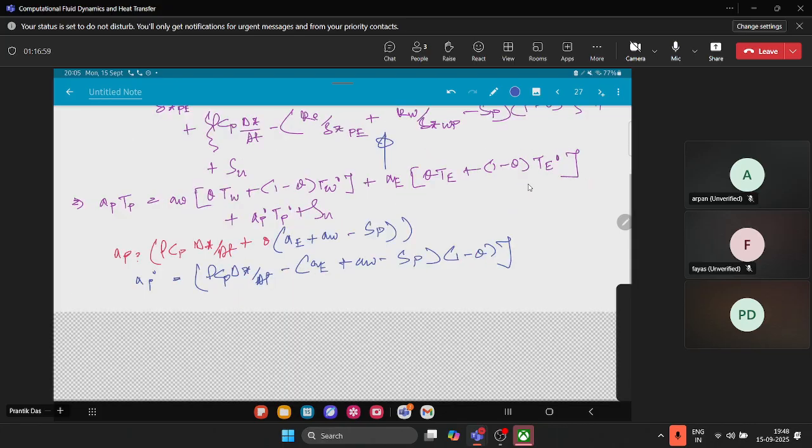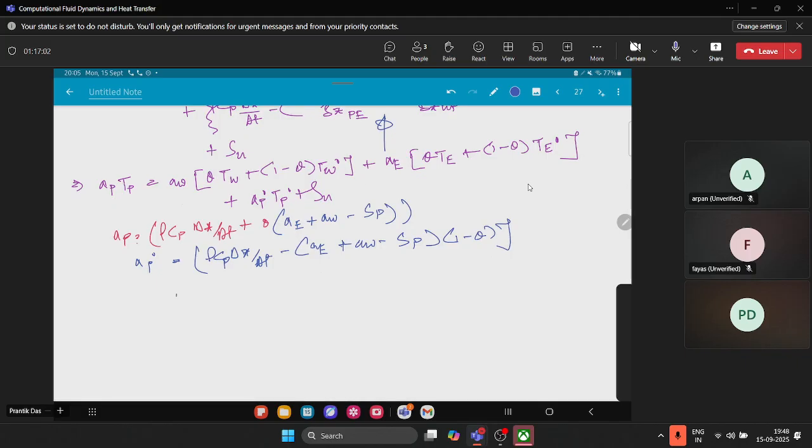Then AW equals KW by delta x WP, and AE equals KE by delta x PE.